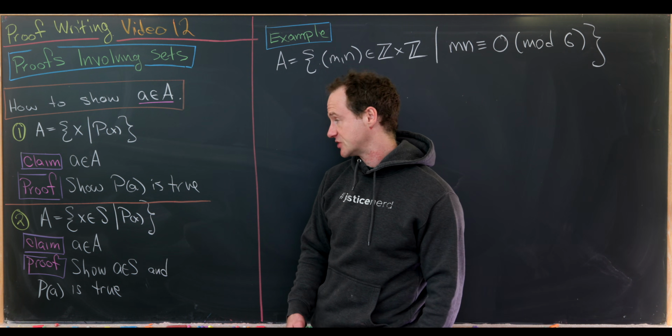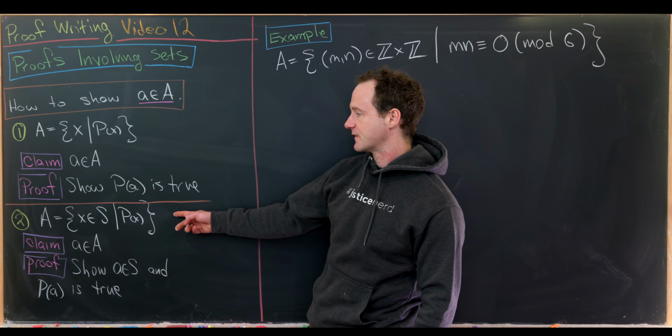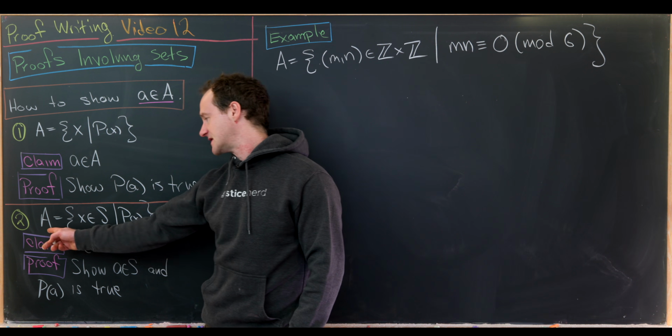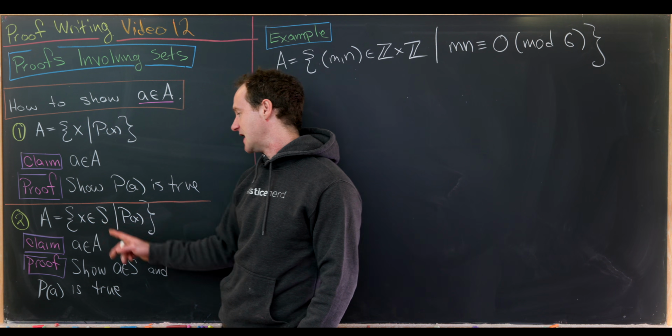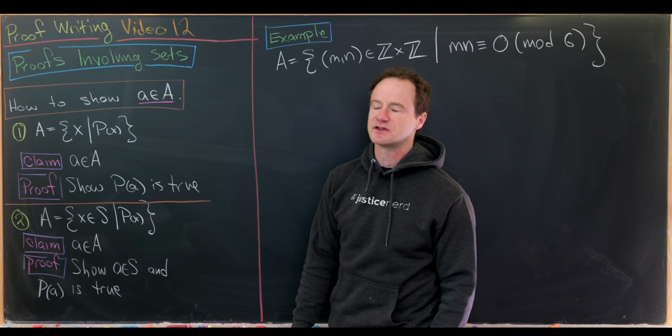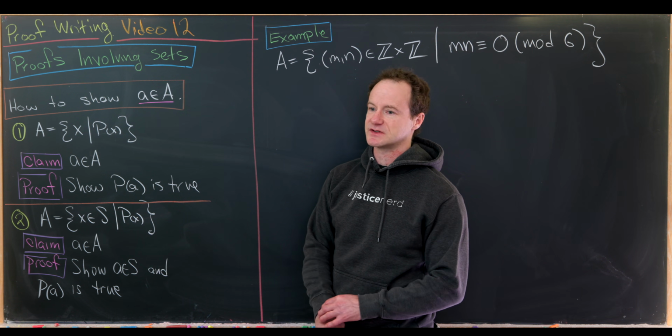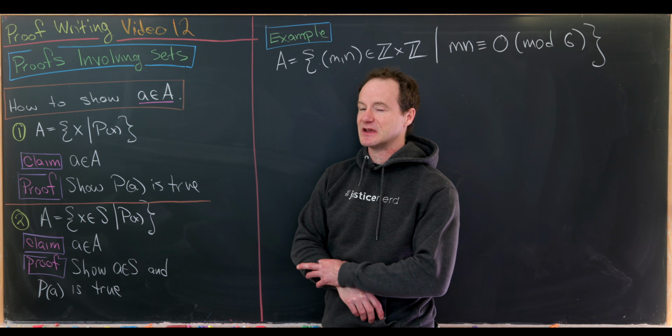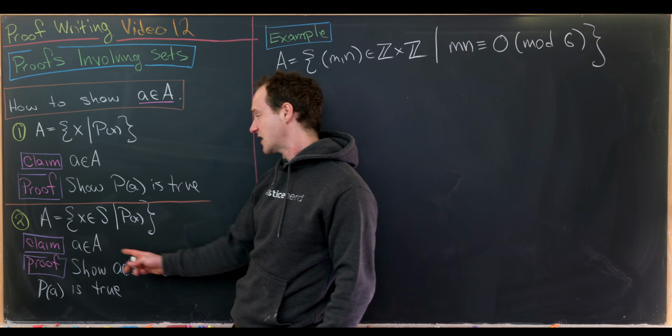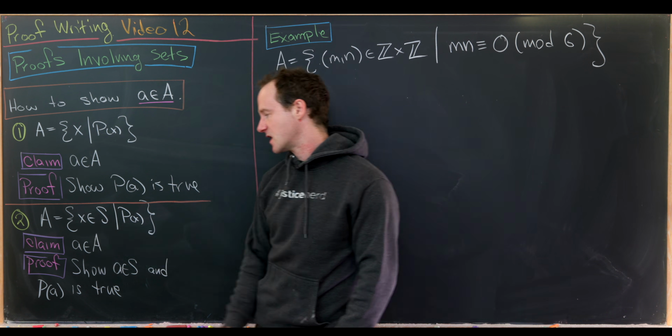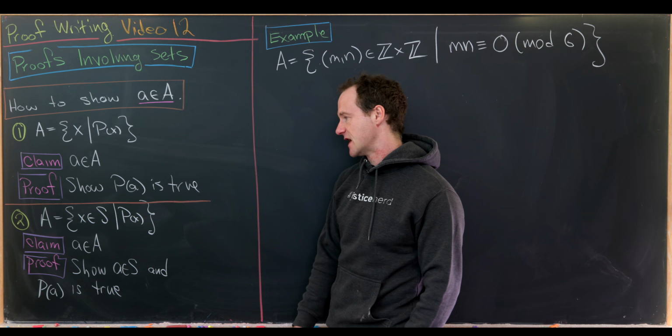Well, there's another way of writing down sets, which is also set builder notation, but adds a little bit of a different condition, and that's set builder notation of the following form. We have the set A is all x in S such that P of x. P of x is still that mathematical statement, or that open sentence being evaluated at x. But we have this extra condition that x must come from some sort of universal set.